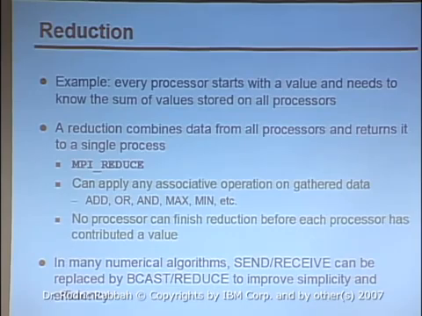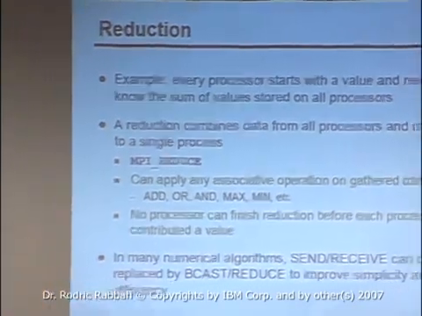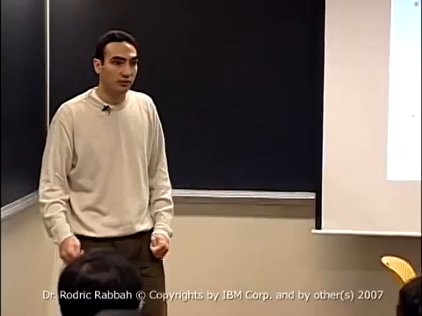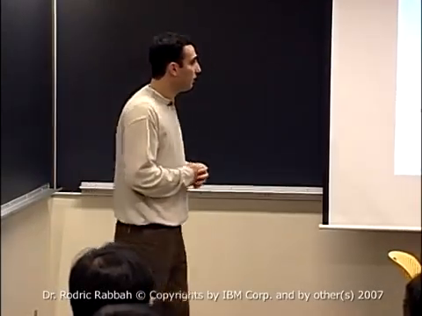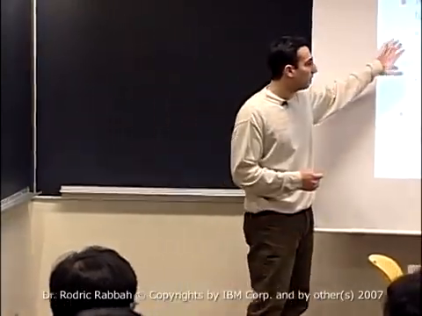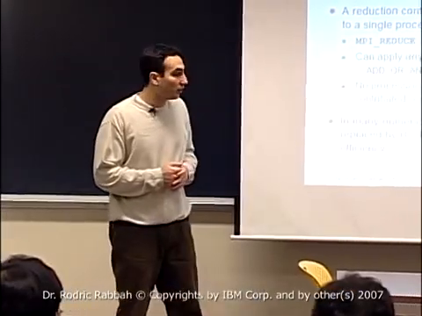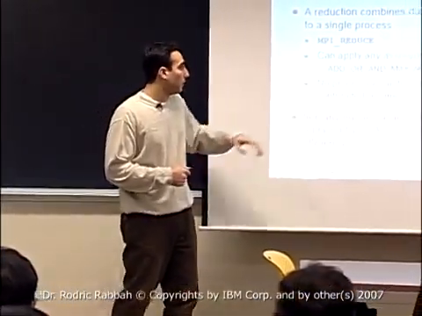And so if every pair of you added your numbers and forwarded me, that cuts down communication by half. And so you can, starting from the back of the room, by the time you get to me, I only get 2 messages instead of n messages. So a reduction combines data from all processors. In MPI, there's this function MPI reduce for doing that.